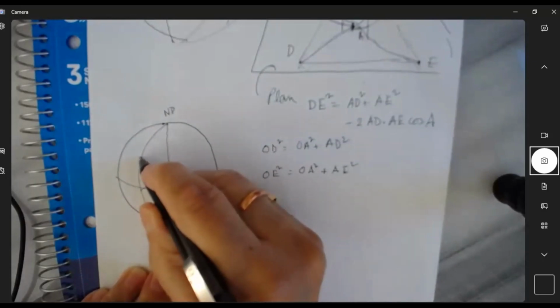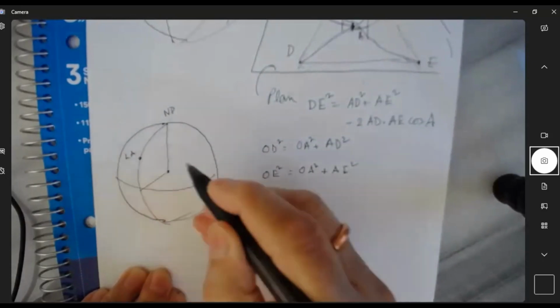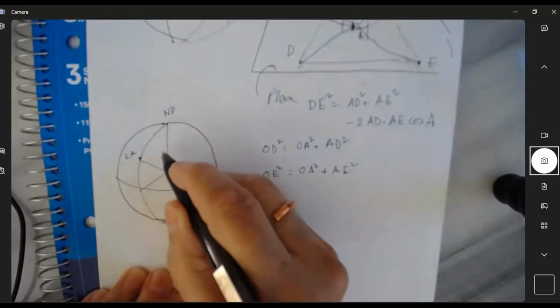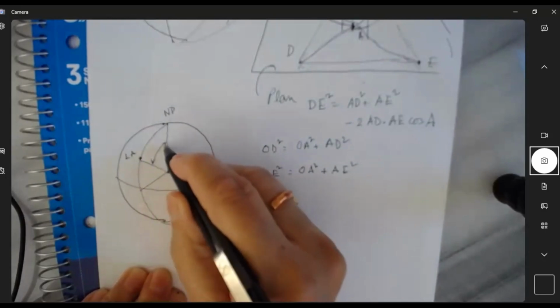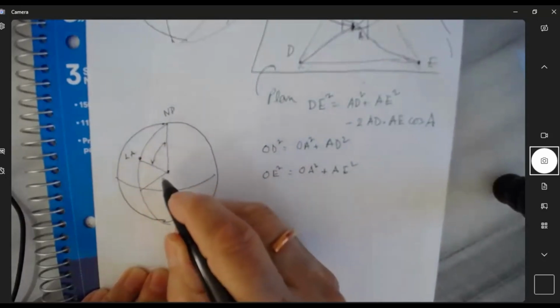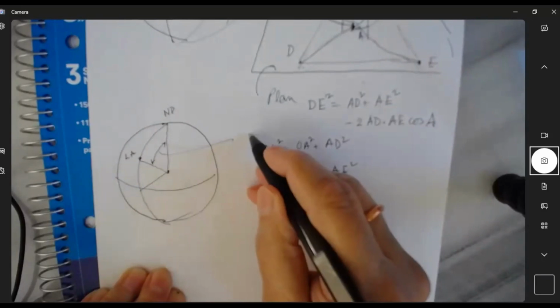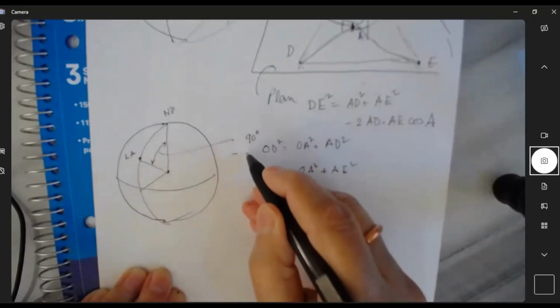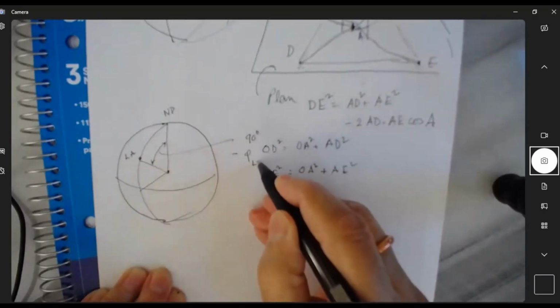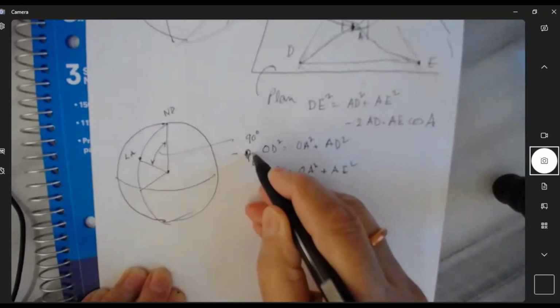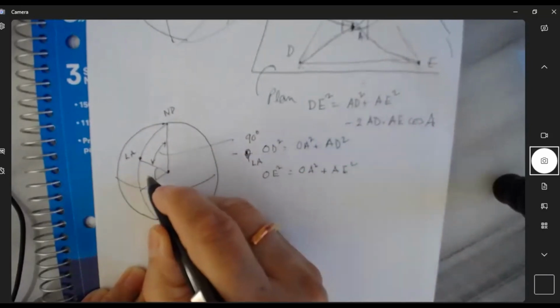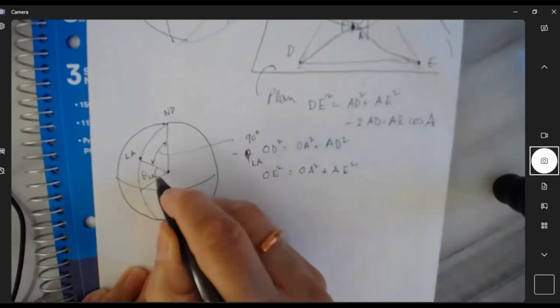So if this is Los Angeles, what is this angle? It is nothing but 90 degrees minus the latitude of Los Angeles, theta LA.